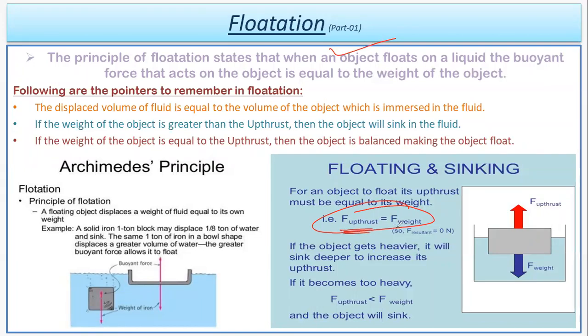If the upthrust is equal to the weight of the object, then what is the resultant force? That is 0 Newton. So we will say that the apparent weight is 0. Under this situation, the object is going to partially sink and partially float. And there is a situation when the upthrust is greater than the weight of the object.